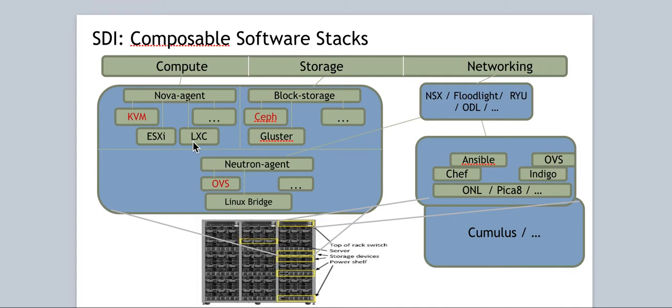Now, in terms of composable software stacks, we take OpenStack as an example. In OpenStack compute, you may have Nova with necessary agents, and you may have storage like Ceph as a storage solution, and for networking you may have a Neutron agent or OVS switch and other SDN controllers.